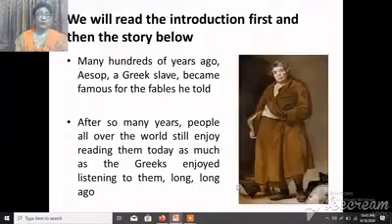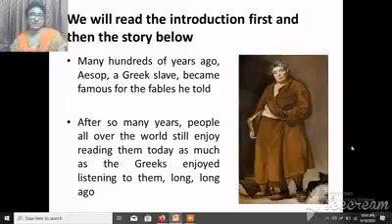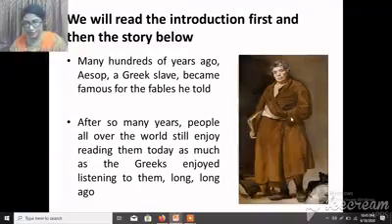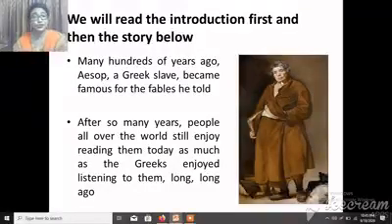Now, we will read the introduction first and then the story below. The picture of a human. Who is he? Yes, he is Aesop, the storyteller. Alright? He was a Greek slave. Slave means servant. Okay. Many hundreds of years ago, Aesop, a Greek slave, became famous for the fables he told.